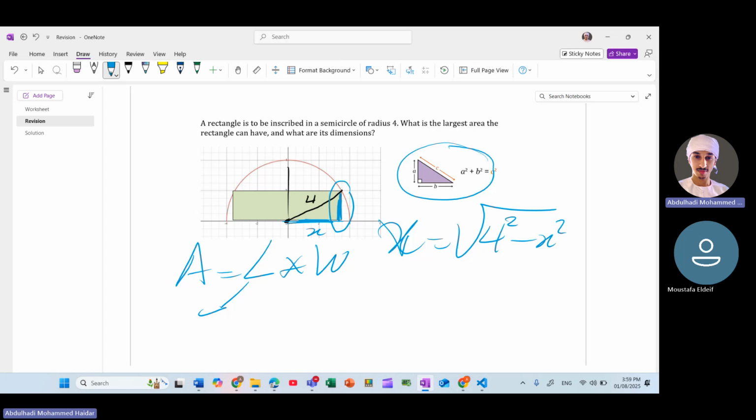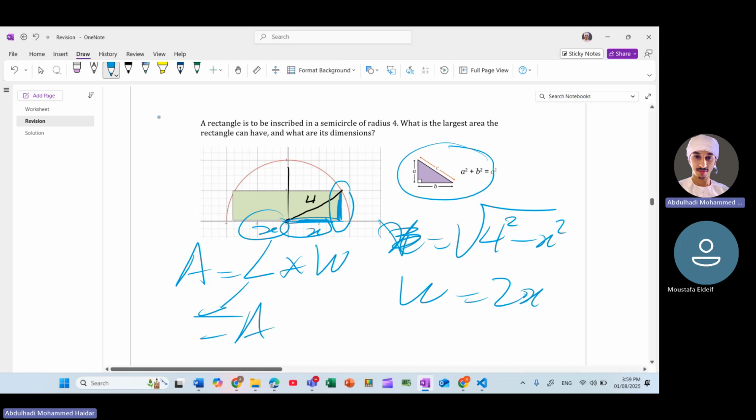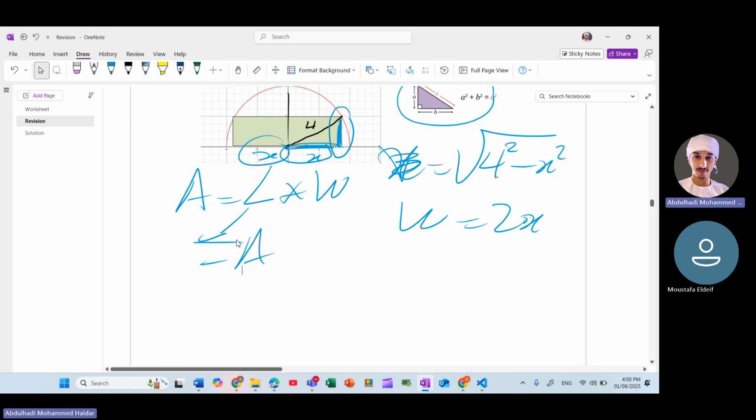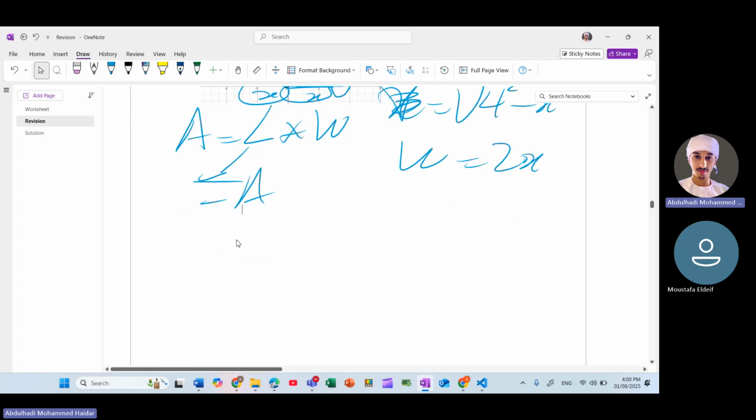Then you are going to find the length. And the width, which is x, and here is also x, so it's going to be 2x. Just substitute it in this formula, and then find the first derivative and then find the x values, and then you are done because you have the two values.